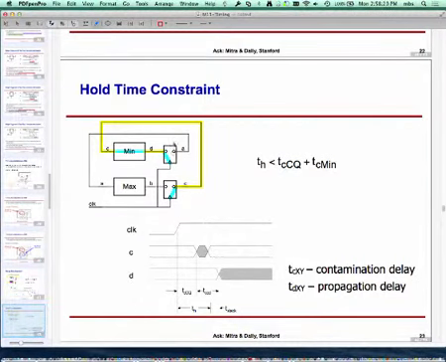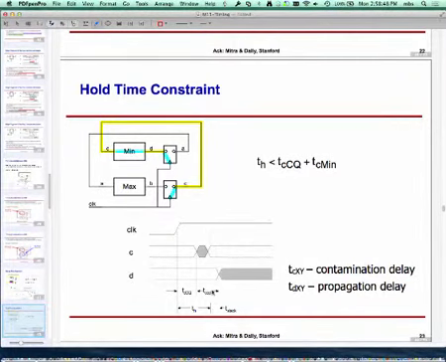And remember, this top flip-flop has a hold time constraint. It wants D to remain stable for a hold time period after the clock edge. So it wants data line D to remain stable for some time T sub H. I want to make sure that T sub H is smaller than the contamination delay through this flip-flop plus the contamination delay through this fast path.